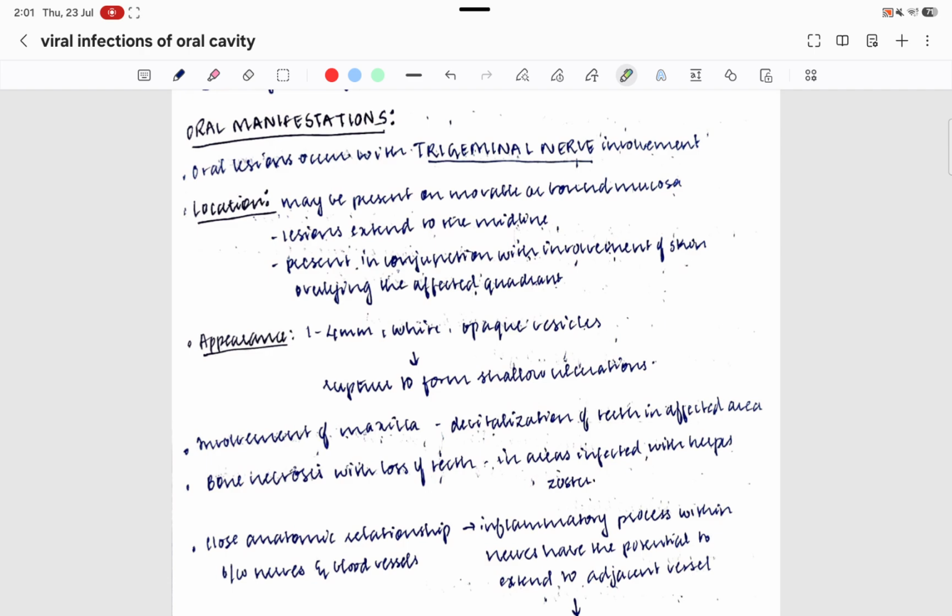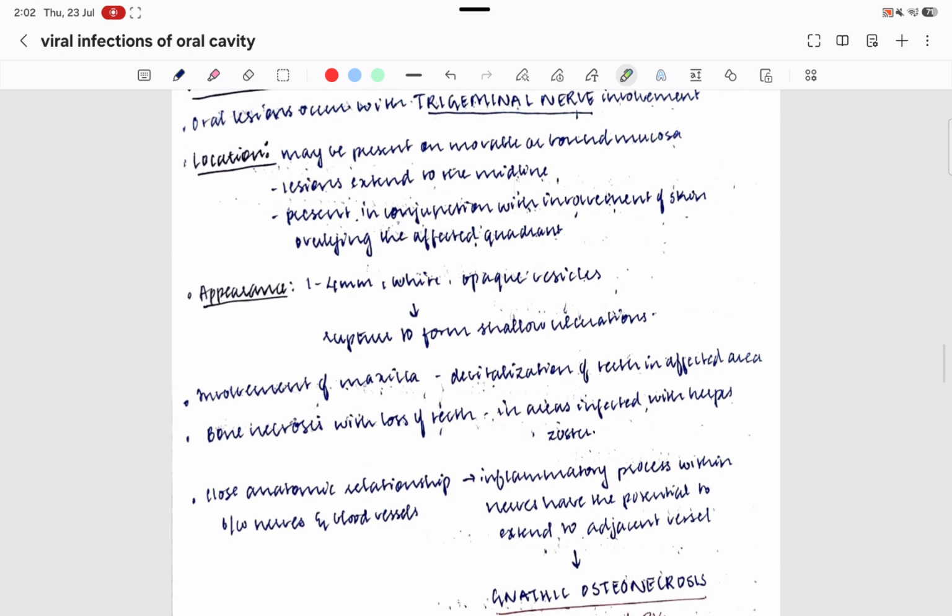So basically we're talking about the lesion which involves the trigeminal nerve. The lesion could be movable or it could be bound to the mucosa. The lesions extend to the midline and are present in conjunction with involvement of the skin overlying the affected quadrant.